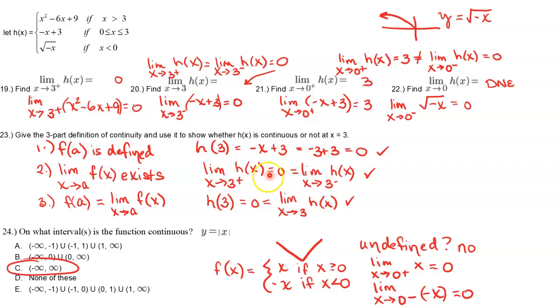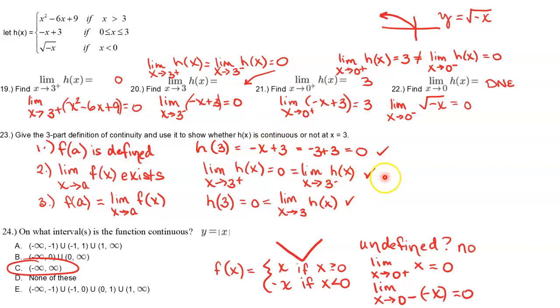Then the second thing I want to do is find if the limit exists. I'm going to look at the limit from the right and the limit from the left, which we've already done right up here. From the right we got 0 and from the left we got 0. So we said that the overall limit did exist and it was 0.